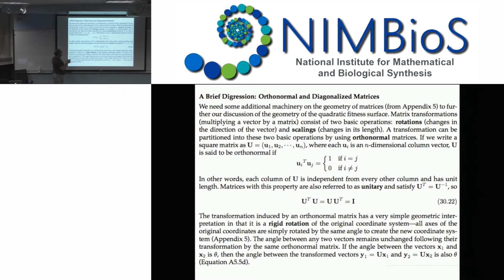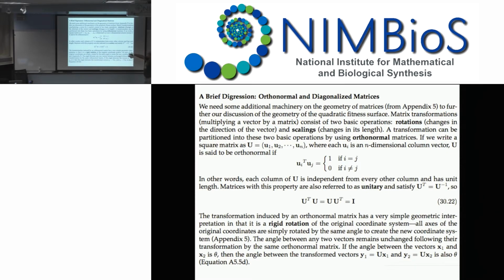An orthonormal matrix, so I write vectors as columns. This is a bunch of columns. And in an orthonormal matrix, the dot product of column I and column J satisfies this. The inner product of I on itself, that's length. So each of these vectors has length 1. You think about this vector as an arrow, and do Euclidean distance, it has length 1.